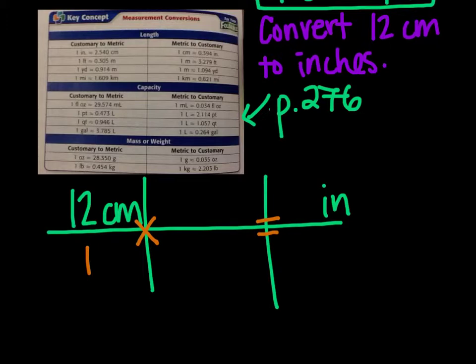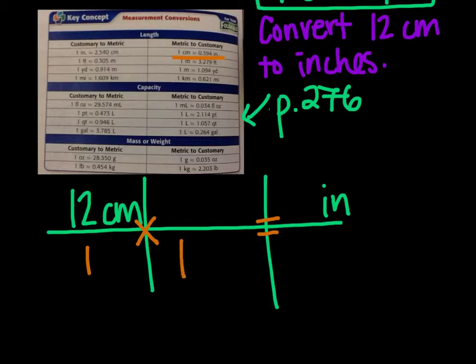We're just comparing one and trying to get it into another. We're just trying to convert it from one to another. So we have 12 centimeters and we need to turn it into inches. So now our job is to think, how many centimeters are in 1 inch, or how many inches are in 1 centimeter? So let's put that information down.